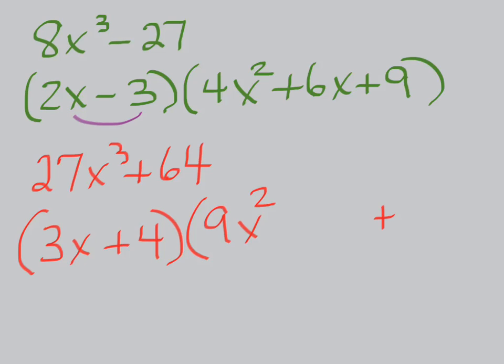Remember, the last term is always positive. And then we're going to have 16, because 16 times 4 is 64. And then once again, we multiply the two terms in the binomial together, which is 12x, and we put the opposite as the middle term of the trinomial.